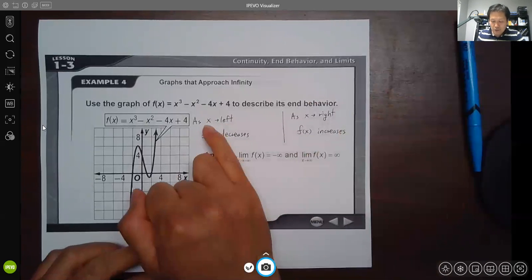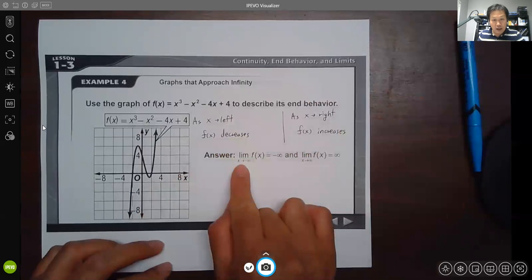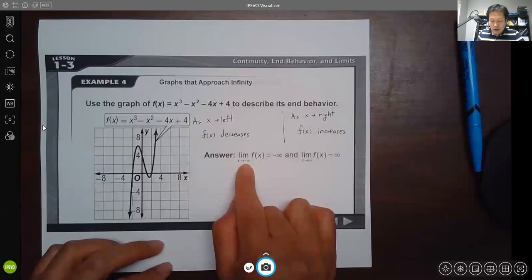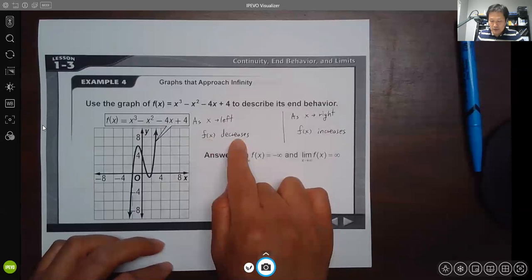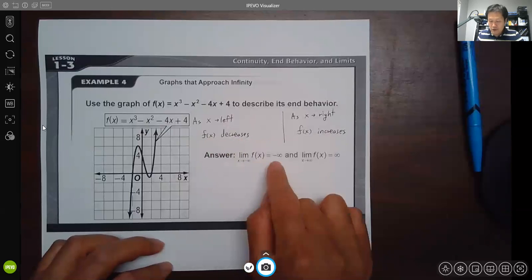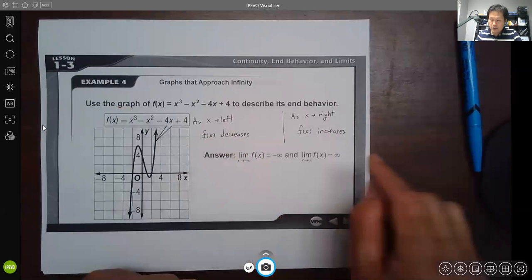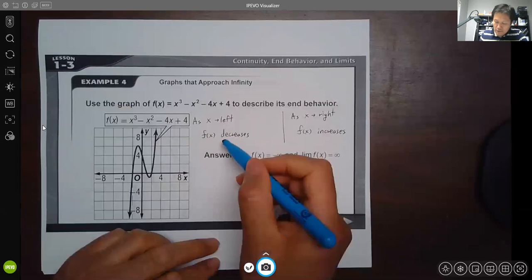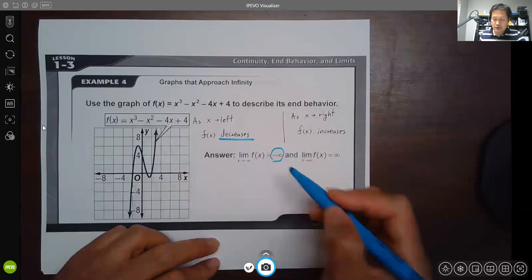Okay, as x approaches the left, a fancy way of saying that is x approaches minus infinity right here. f of x decreases, that means the y value is going to minus infinity. So be very careful, this becomes this.